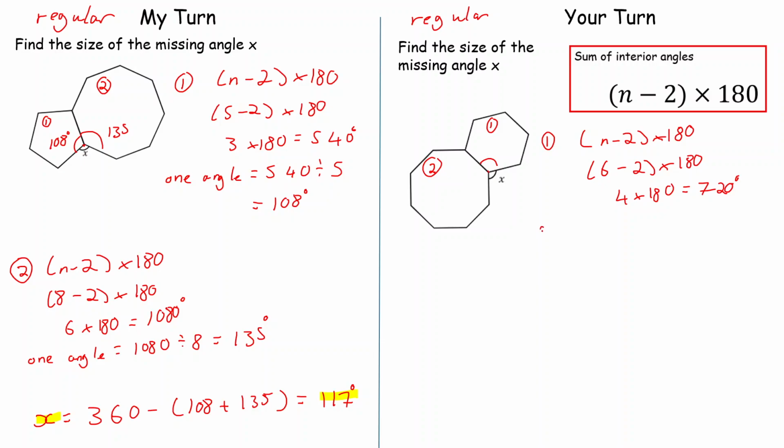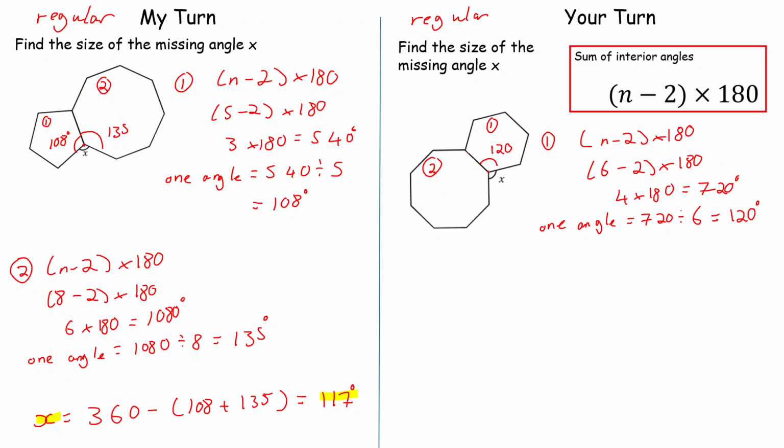So one of the angles is going to be 720 divided by 6, because it's a hexagon, which is 120 degrees. So there we go, that's good.